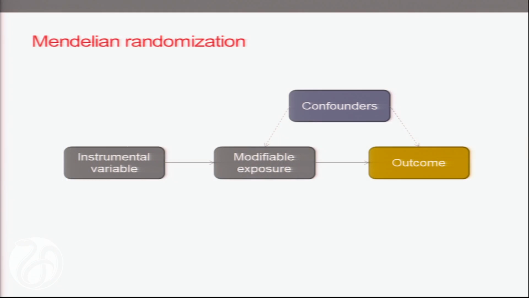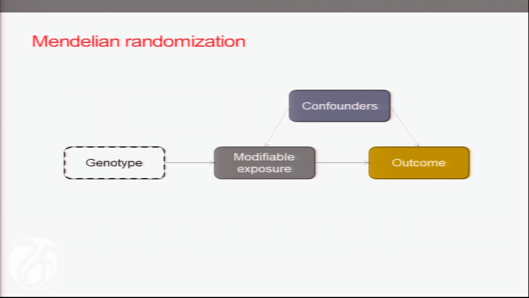The last part of my talk discusses the use of the approach that was introduced earlier by Andrea, called Mendelian randomization. The principle of this approach is that when we have a modifiable exposure that may be difficult to measure or is subject to confounding or reverse causation, we use a proxy measure instead of the modifiable exposure to get a better estimate of the causal effect of this exposure.